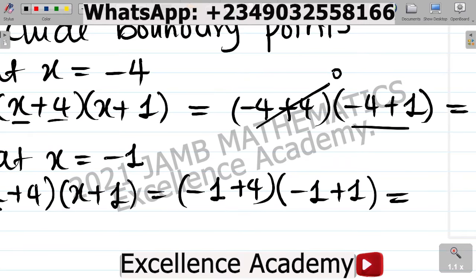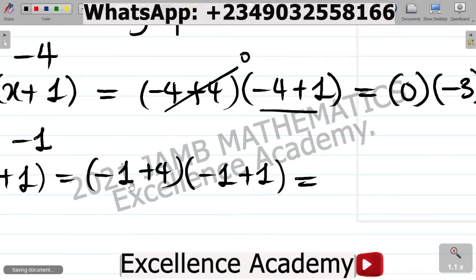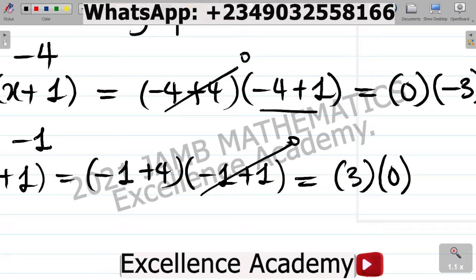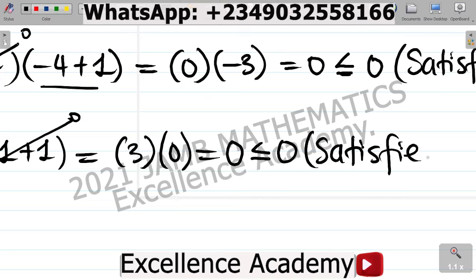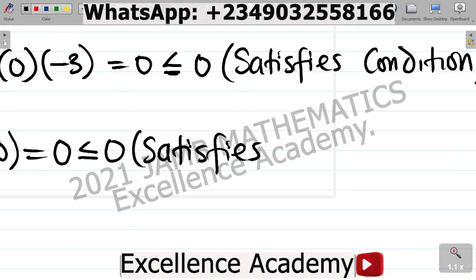This is equal to 3 into minus 1 plus 1, which gives you 0, so that's 0. Of course, 0 is equal to 0, so it satisfies the equal to condition. It satisfies the condition.